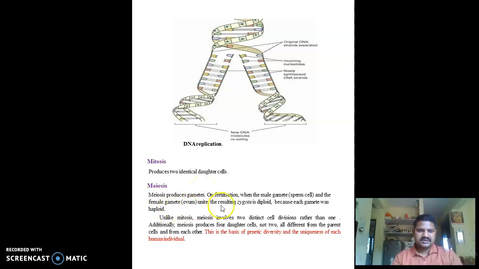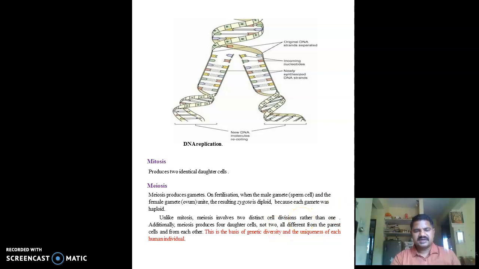Whereas meiosis produces gametes, and on fertilization, when the male gamete or sperm cell and the female gamete or ovum unite, the resulting zygote is diploid, because each gamete was haploid. That means the sperm cell will be haploid and the ovum will be haploid, containing only 23 chromosomes. Unlike mitosis, meiosis involves two distinct cell divisions rather than one.